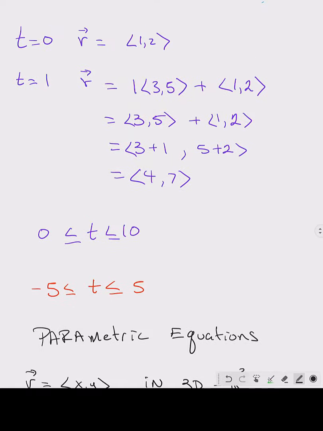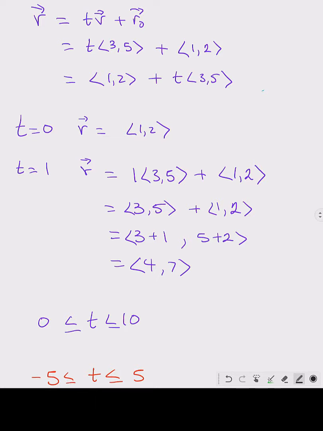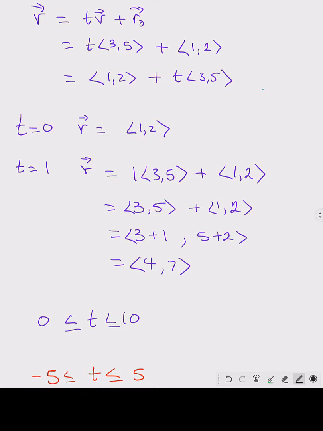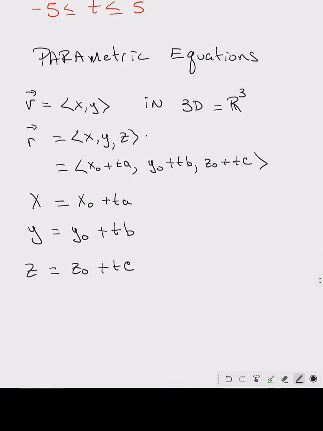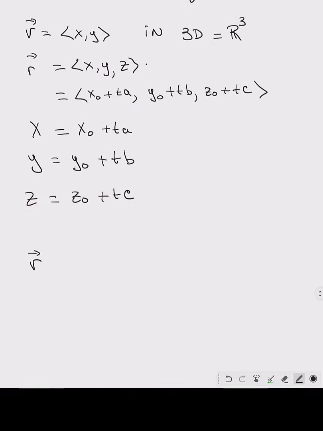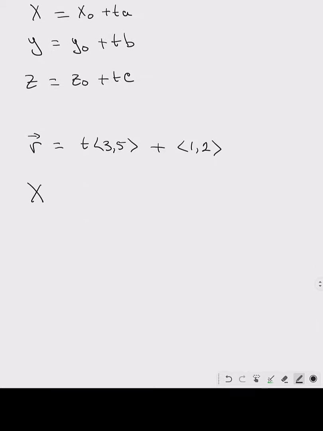So let's look at our example with our equation from up above. Let's write that out. So I have my r equals t times the vector 3 comma 5 plus the vector 1, 2. So the parametric equations, the x part would be 3t plus 1, and the y part would be 5t plus 2.